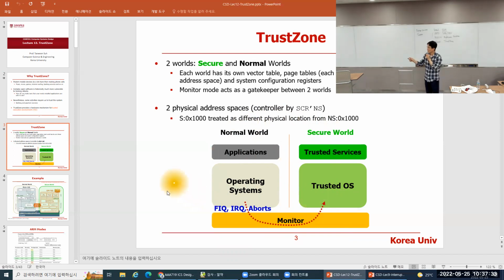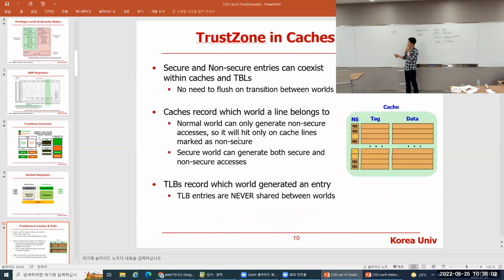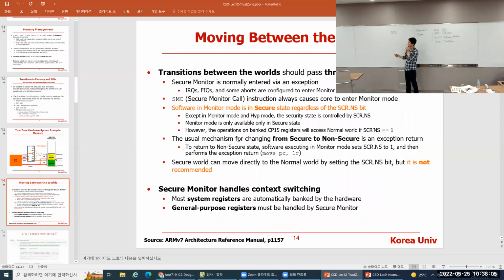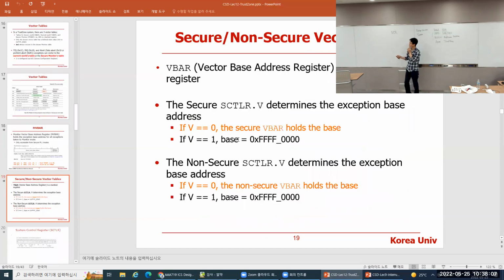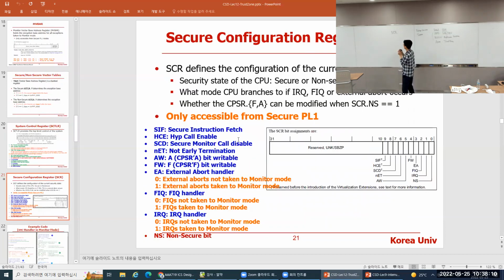So which world you are in can be checked by looking at a system register called SCR. What does that stand for? Secure configuration register.